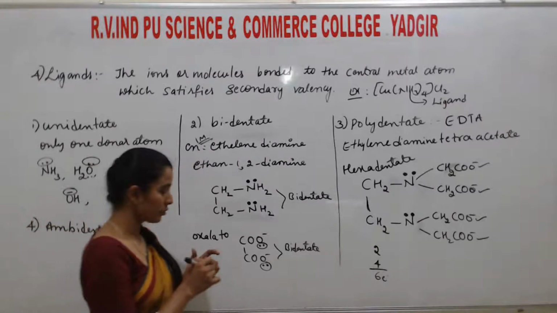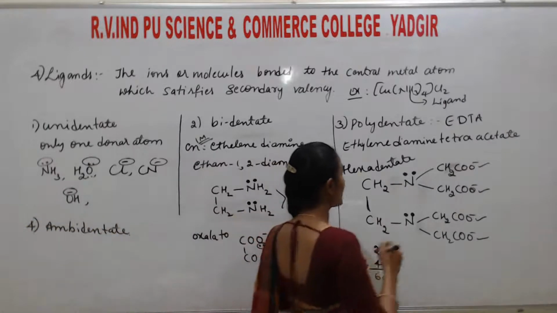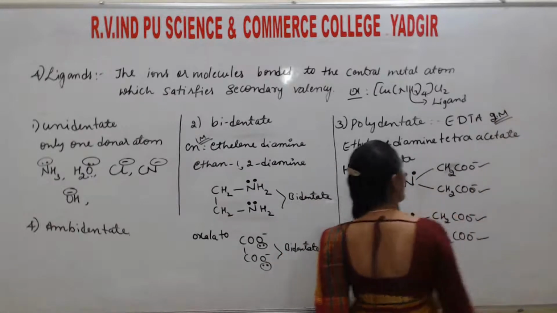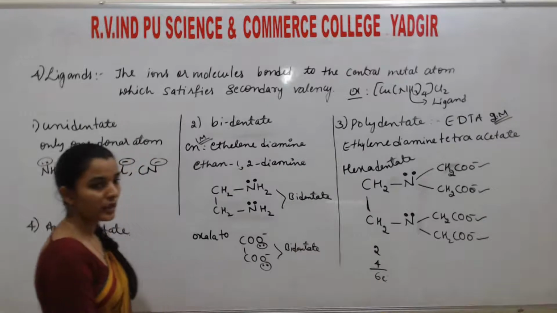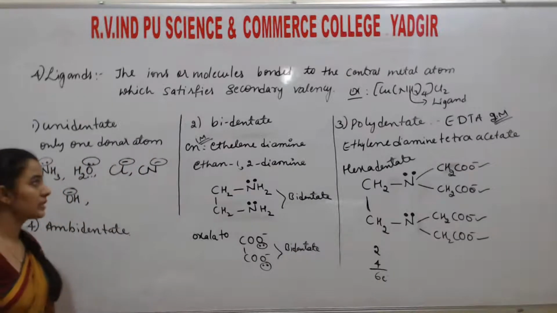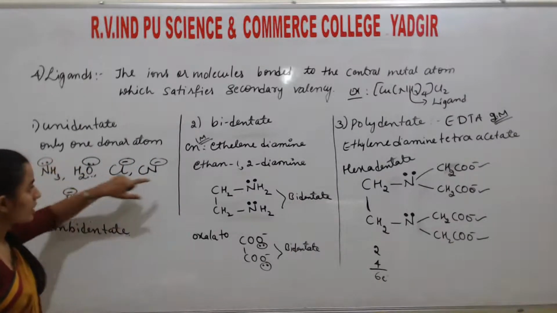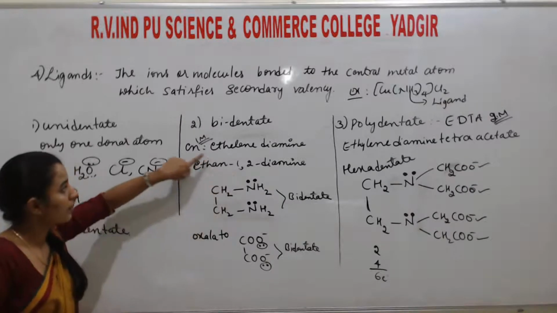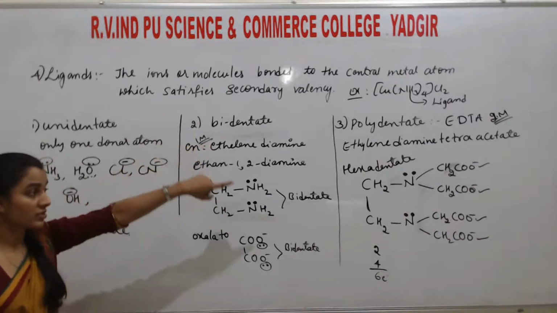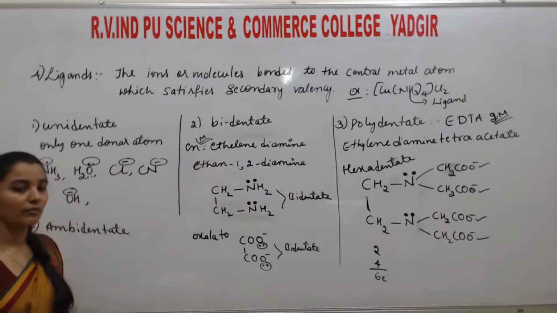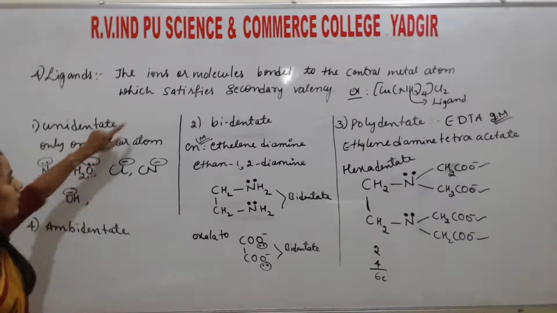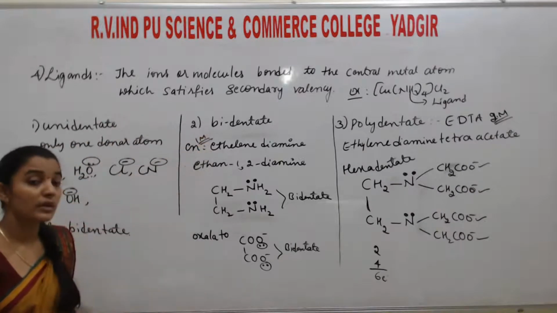So remember one thing, students. This EDTA structure is very important for 2 marks. So I am writing here which one is important for 1 mark, which one is important for 2 marks. The name of ethylene diamine, ethane 1,2 diamine, is important for 1 mark, and the structure of EDTA is important for 2 marks. So this is unidentate, bidentate and polydentate based on what?